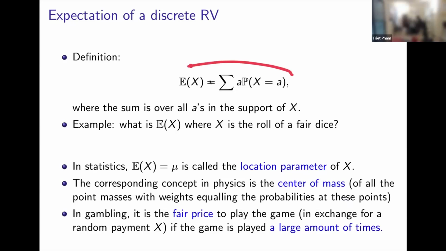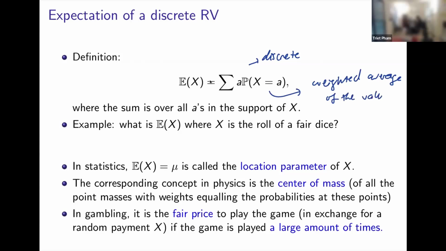So this formula is peculiar for a discrete random variable, and of course we see that through the probability expression. Basically, you take all the values the random variable can take and multiply each with the probability it takes on that value. So it's a weighted average of the values. What are the weights? The weights are simply the masses.